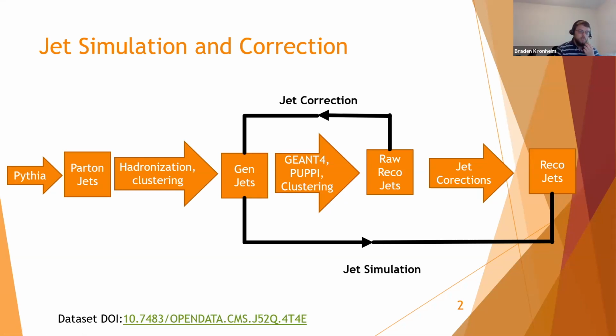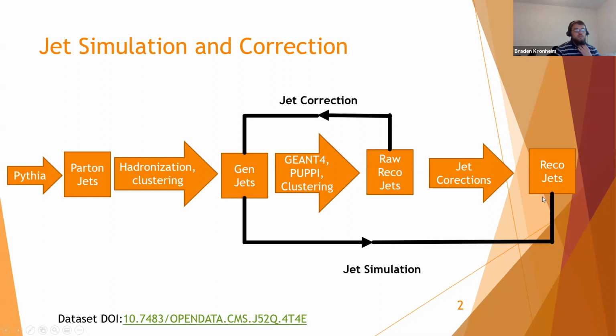A clustering algorithm is then run again, such as anti-kT, and we end up with what I'm going to call the raw reco jets. Finally, there are default jet corrections, which are applied generally based on the transverse momentum and the eta coordinate of the jets. These are called the reco jets, and these are what are typically used in analyses.